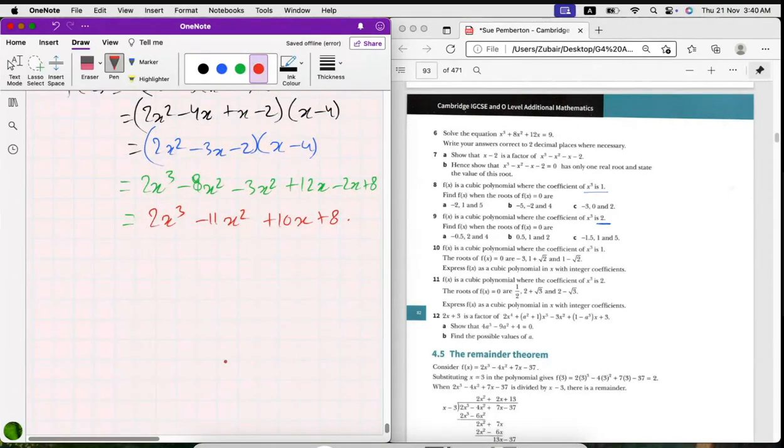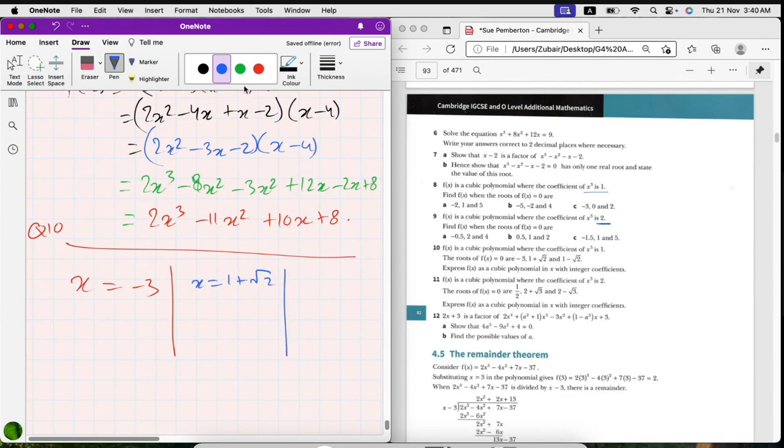So basically roots are like this. X is equal to minus 3, and x is equal to 1 plus square root 2, and x is equal to 1 minus square root 2.